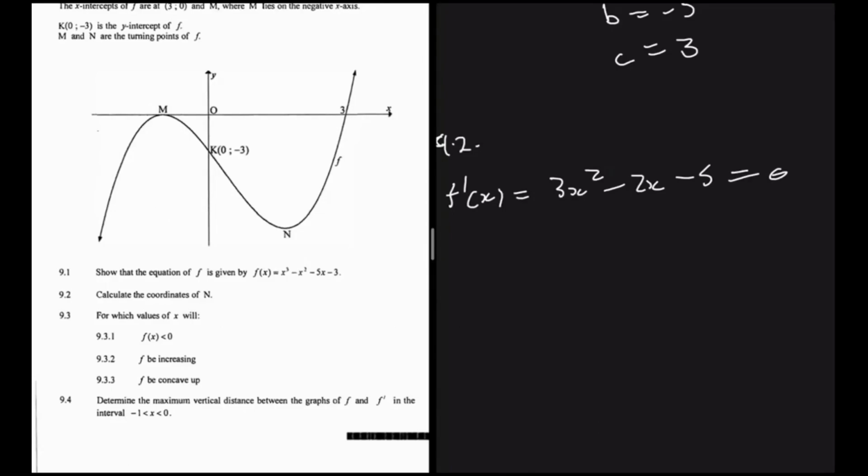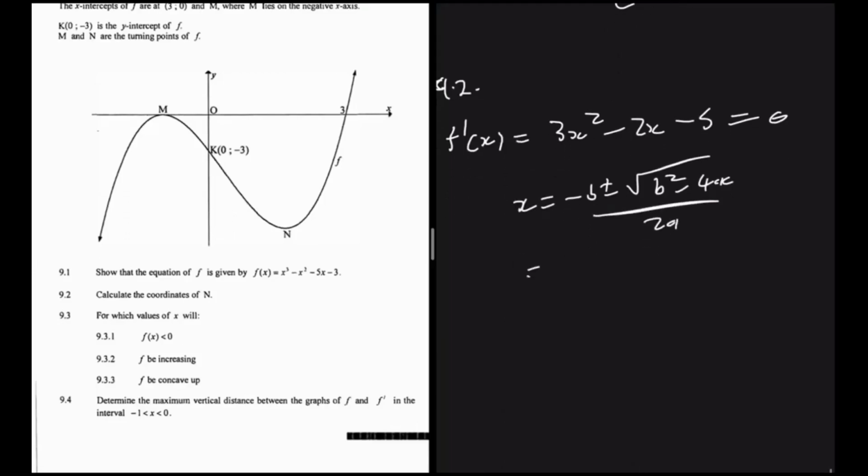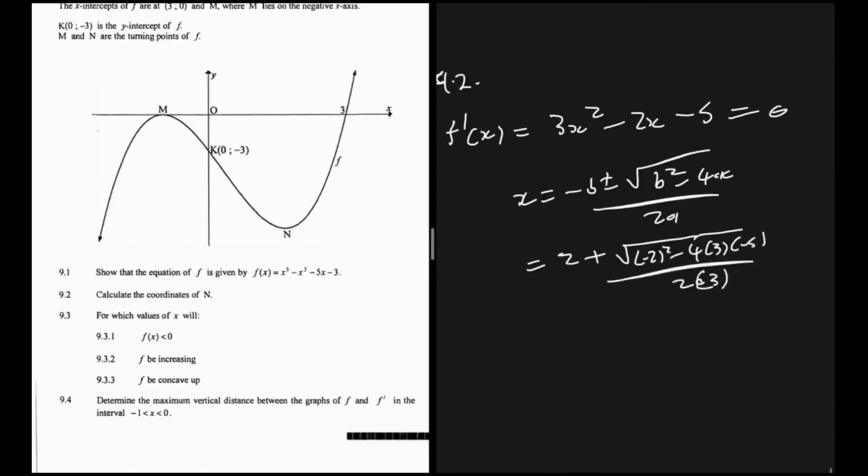But when it's like this, it confuses me. I don't know how to factorize it like this. I have to use the quadratic formula. So I'm going to say x equals minus b plus or minus the square root of b squared minus 4ac, divided by 2a, which equals 2 plus or minus the square root of minus 2 squared minus 4, where a is 3 and c is minus 5, divided by 2a, which is 3.